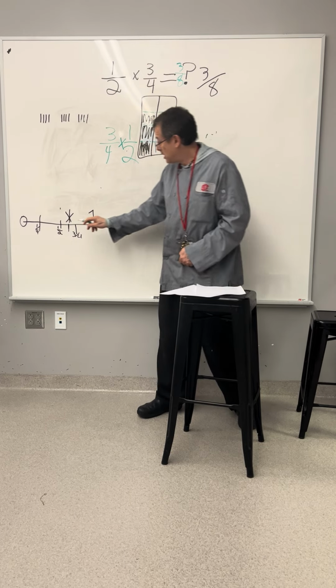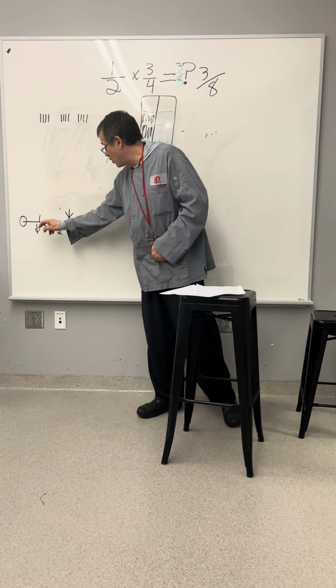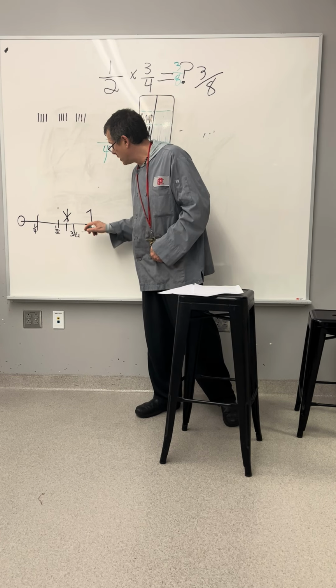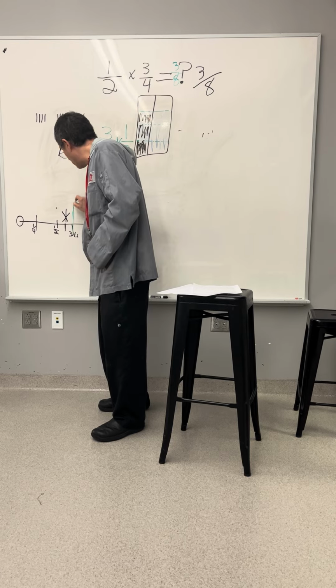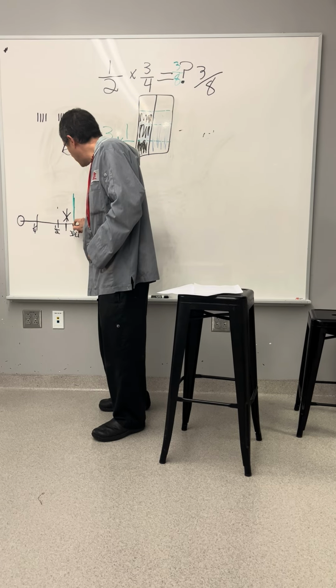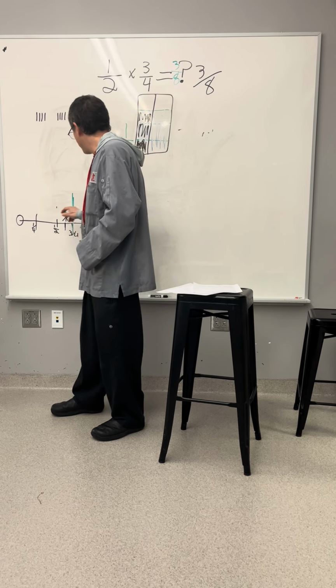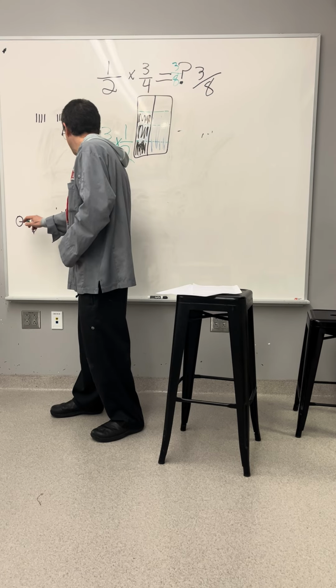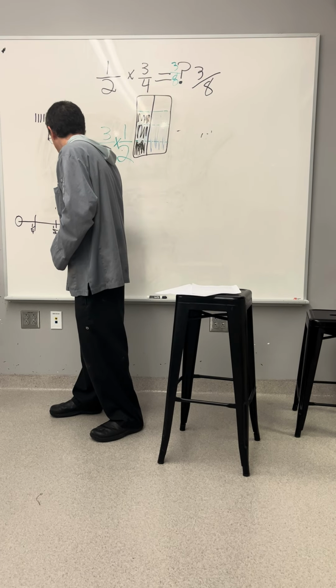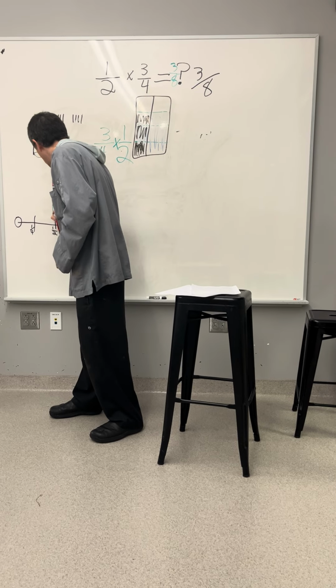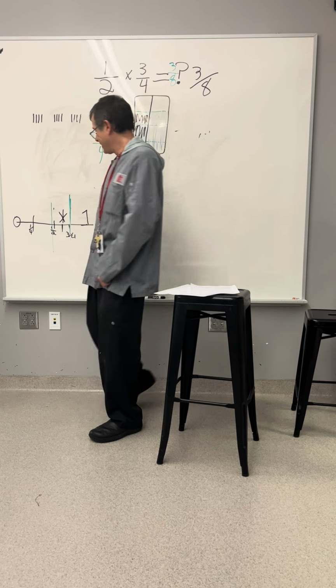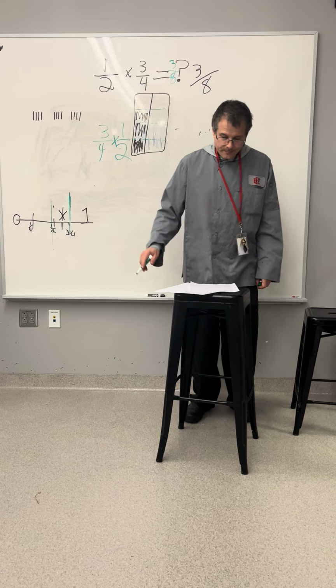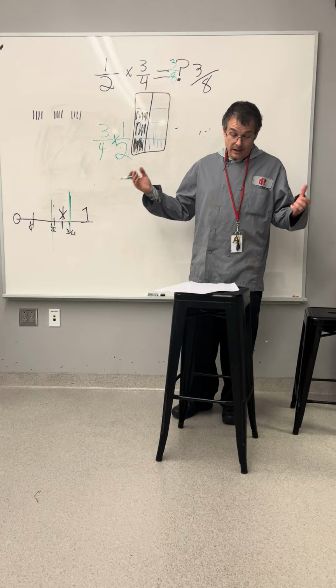We have a number line. We have a quarter, a half, 3/4, and 1. 3/4 is our normal run, okay? We are doing half of our normal run. So somewhere around there looks about right. That's going to be 3/8 of a mile.